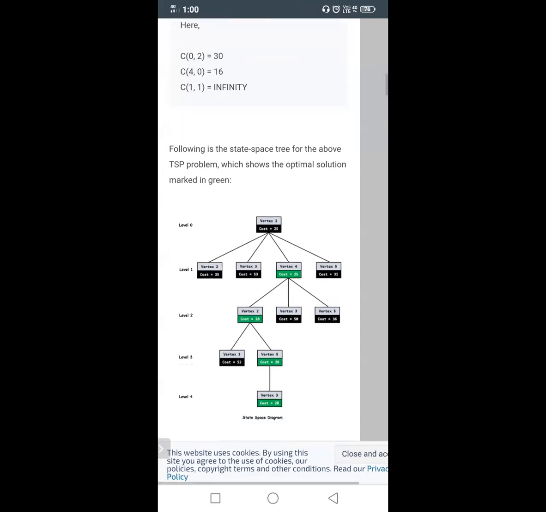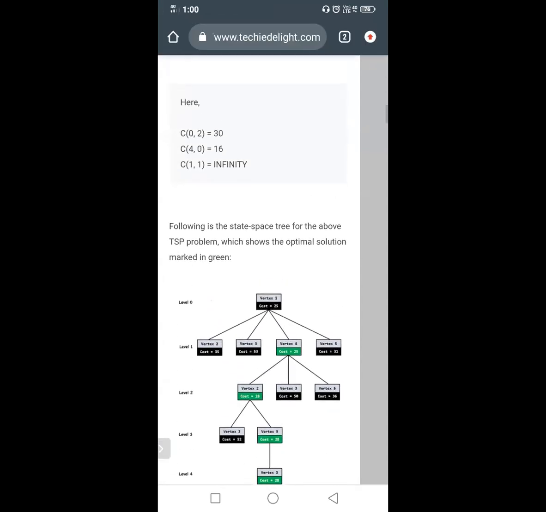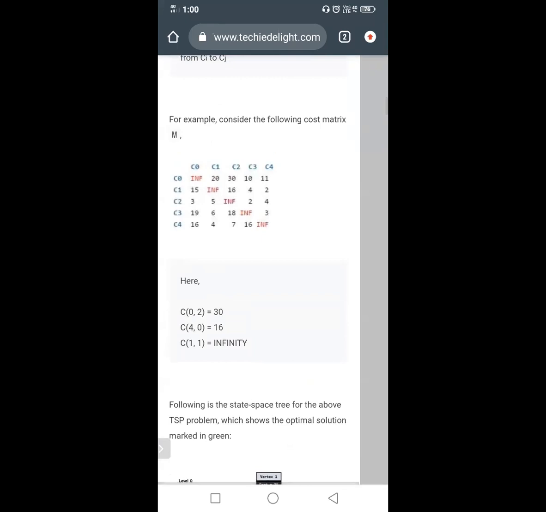So for that, what we have to do is, in this matrix you have to write the first row's minimum value, and the second row's minimum value, third row's minimum value, fourth row's minimum value, fifth row's minimum value.